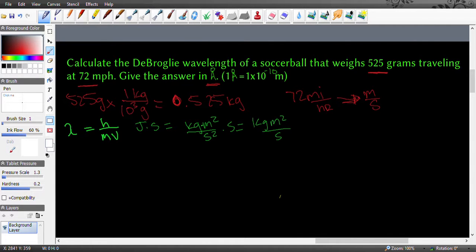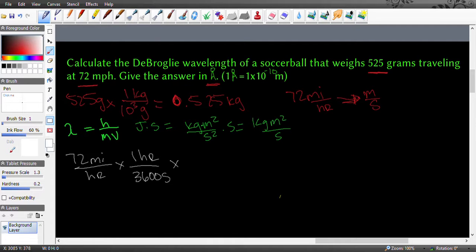Okay, so 72 miles per hour. We're going to do this the long way. Take care of my hours real quick. 1 hour is 3,600 seconds.